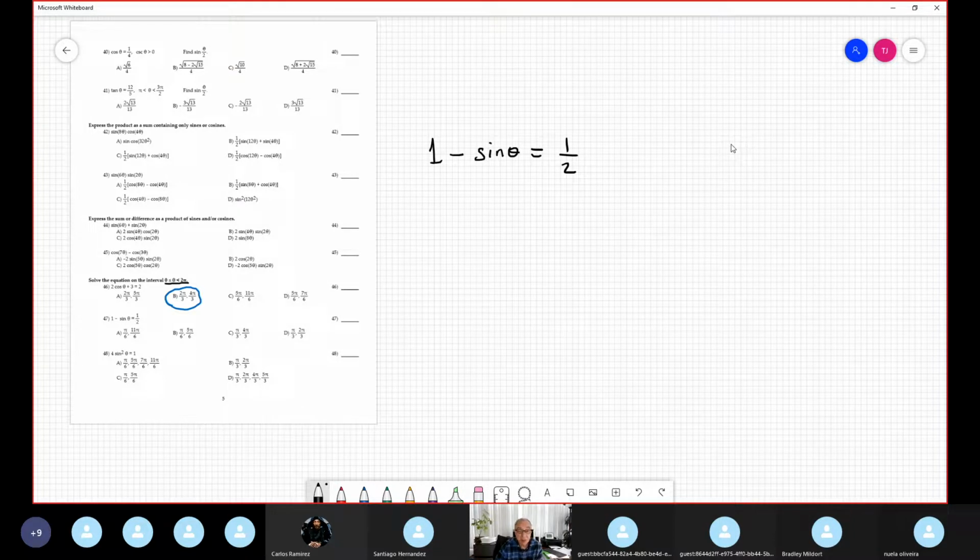I move sine to the right because I want to isolate with the positive. Let's say 1 minus 1/2 is 1/2, so 1/2 equals sine theta. Sine theta is equal to 1/2. I like this way.